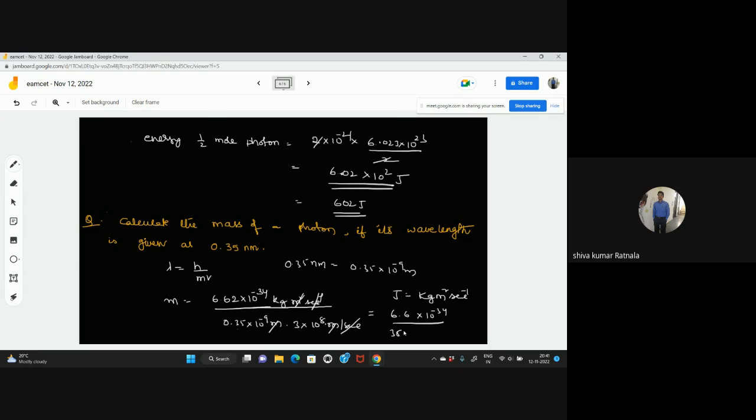So 35 into 3 into 10 to the power of minus 11, 8, so minus 3. సో ఎంత ఆన్సర్ అవుతుందో, 35 అంటే నియర్లీ 100 అవుతుంది కదా. ఇది 35 into 100 నియర్లీ 100 అవుతుంది. 100 and 10 power of minus 1, సో నియర్లీ 6.6 into 10 to the power of minus 33 kgs. సో ఇక్కడ ఆప్షన్ కూడా అదే ఉంది, 6.3 into 10 power of minus 33 kgs.